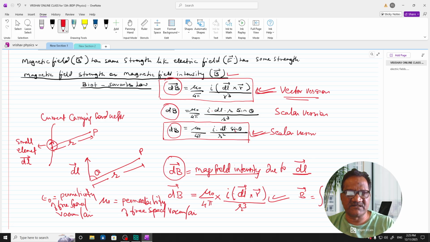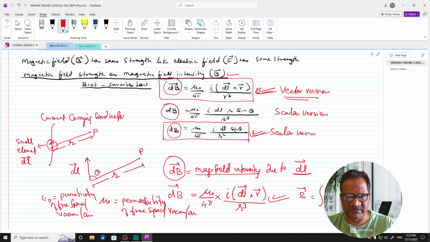In the next video, I'll come up with some examples, some problems, some numericals, and I'll explain how to find this magnetic field intensity. Then we are going to discuss the magnetic field being a vector quantity and how to determine the direction.